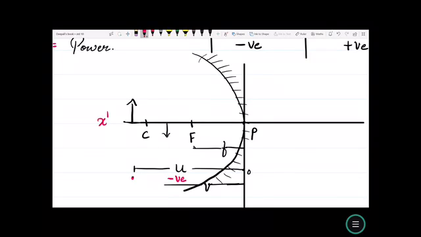We know that this is the negative x-axis, so it will have a negative sign. So it will be minus. Same way, if I measure the image distance, that is v, it will also be negative, but only in one case, when the image is formed virtual, that is behind the mirror, and erect. That time your v will be positive.